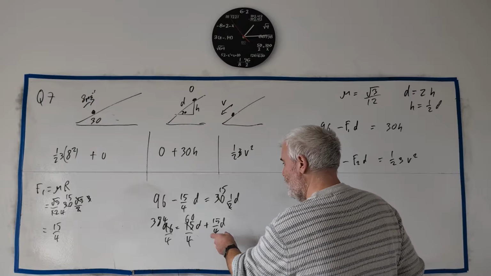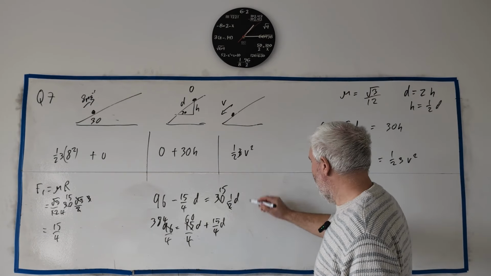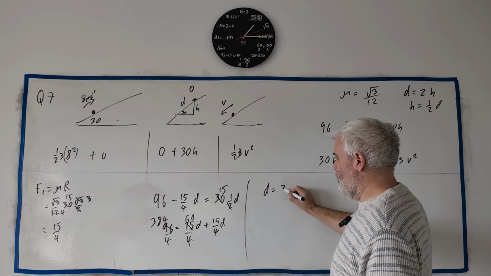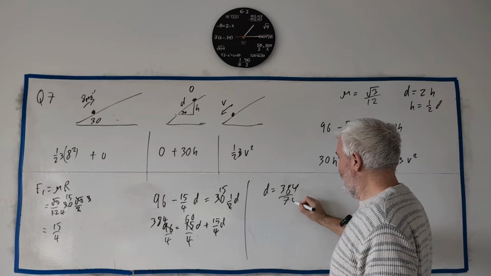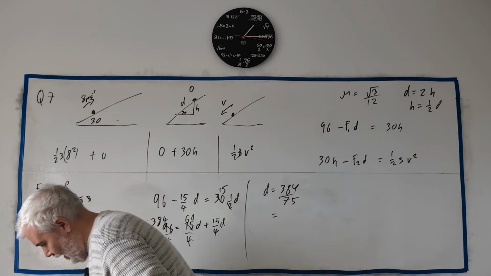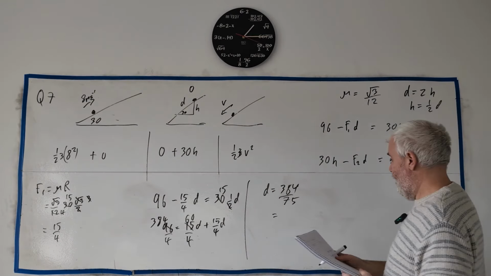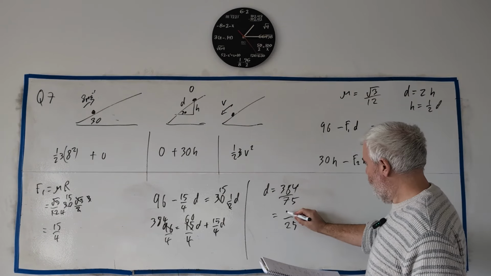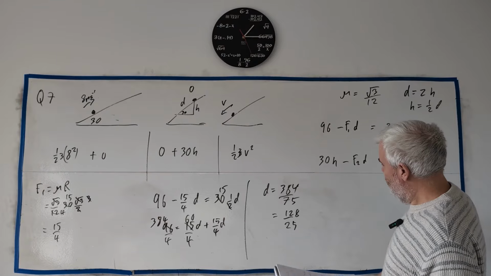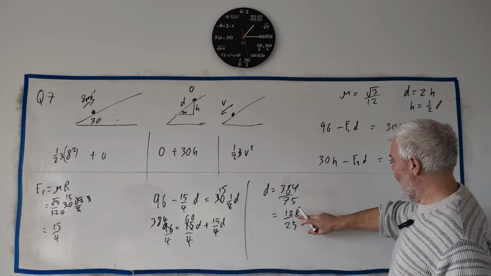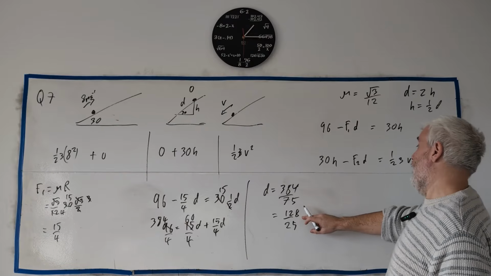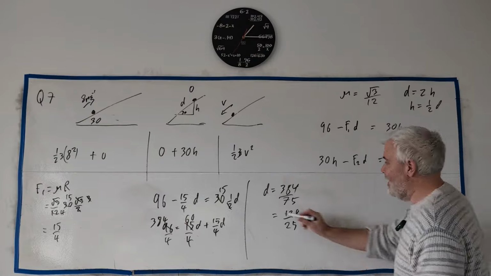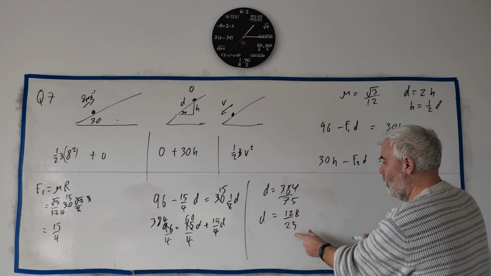All the 4's cancel, and we're left with 75D, so D equals 384 over 75. I have it over 25, so that's divided by 3. I have 128. Looks about right to me. You multiply that by 3, we get an extra 9. Yeah, that's the same answer. Okay, so I get D is equal to 128 over 25.